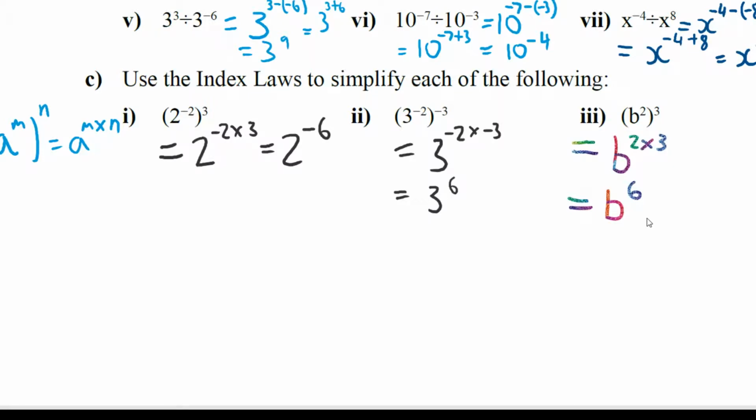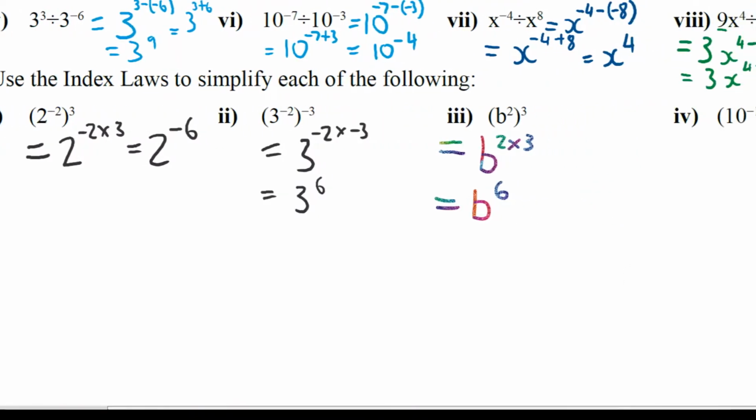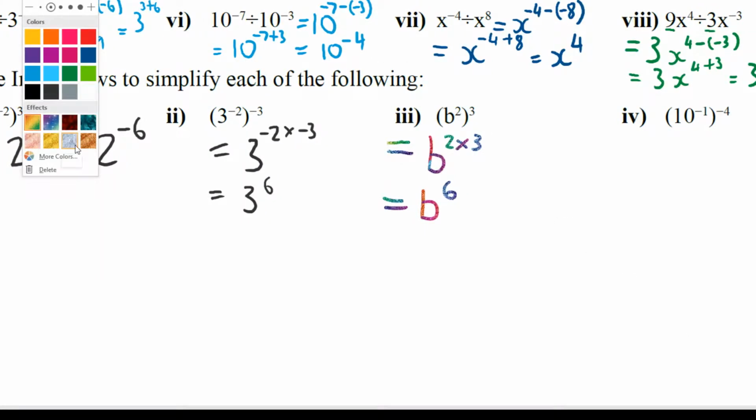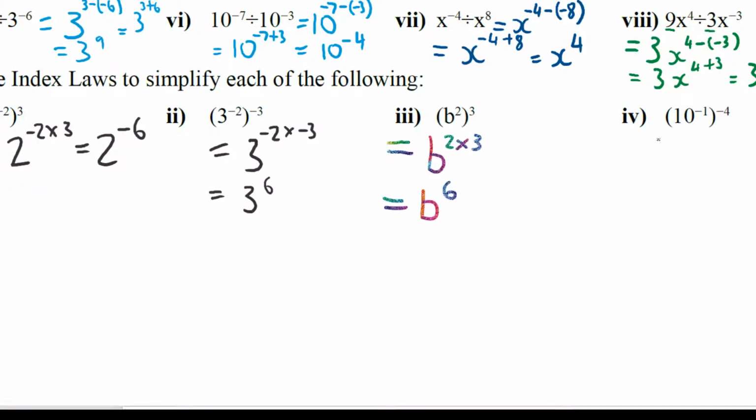All right. Last one. What other color do I have? Let's do it in gold. Okay, so we've got 10 to the power of negative 1 times negative 4. All right, so that's going to be 10 to the power of negative 1 times negative 4 is 4.